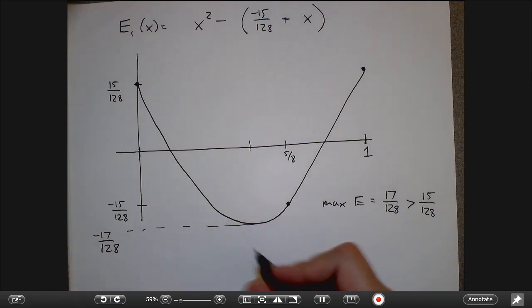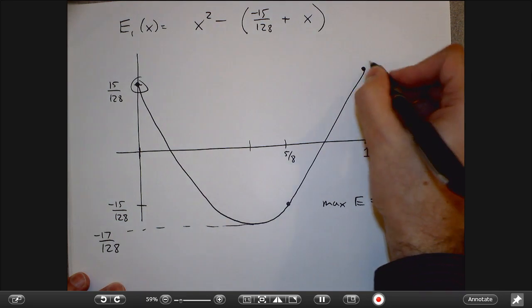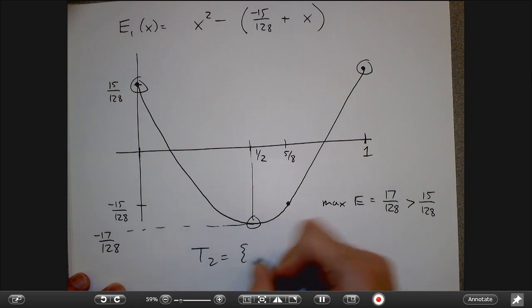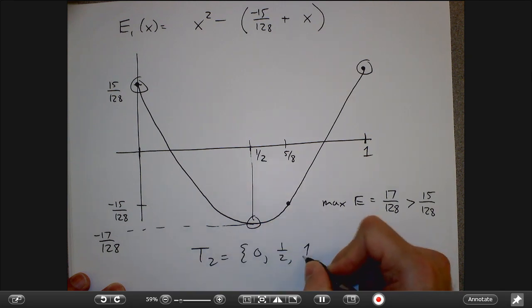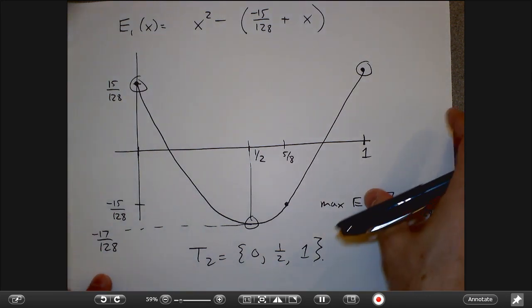Okay? So now, again, I look and see where my biggest errors are. Here, here, and here at 1/2. So now my next set is going to be 0, 1/2, 1. Okay? So now this is the final iteration. I'm going to do it one more time. I set up my equations.